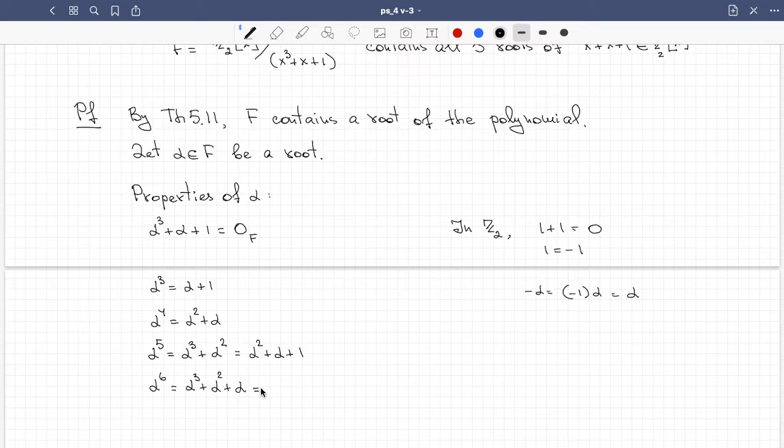Instead of alpha cubed, let me write alpha plus 1, plus alpha squared plus alpha. Now alpha plus alpha is equal to 1 plus 1 times alpha, and 1 plus 1 is 0.